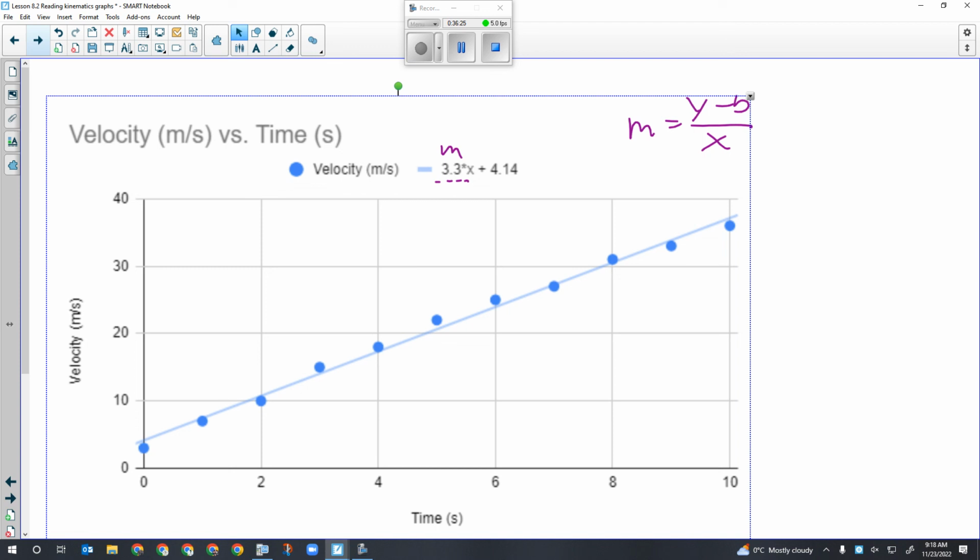What are the units on the x-axis? Seconds. So when I go y minus b divided by x, I'm going meters per second divided by seconds. Okay, now, if I write seconds as a fraction, it's seconds over 1. Okay with that? Okay, if I want to divide fractions, what do I do?